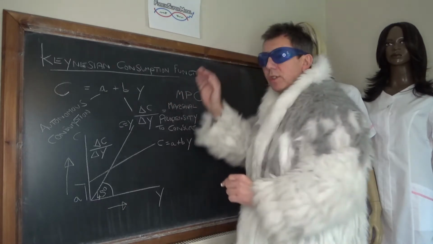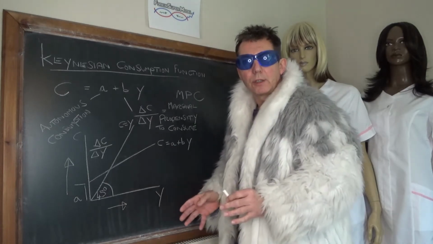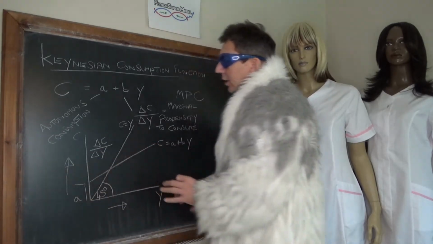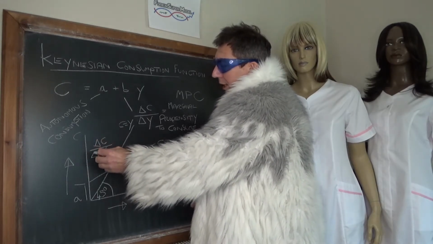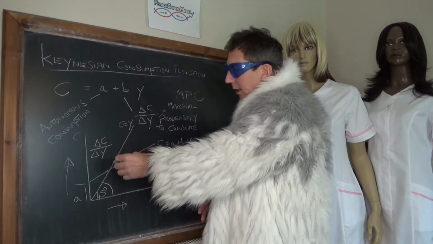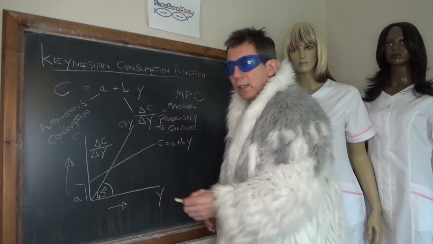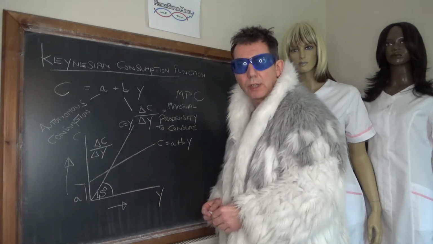So the MPC shows you in simple terms how much of an extra, say, pound or dollar of income you consume and how much you save.